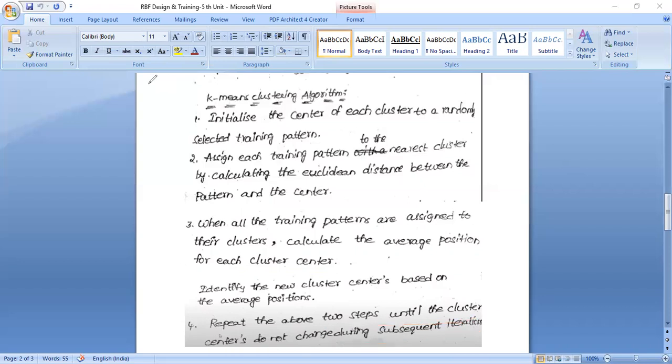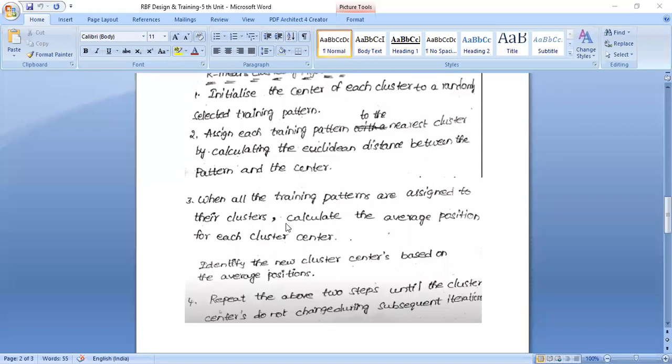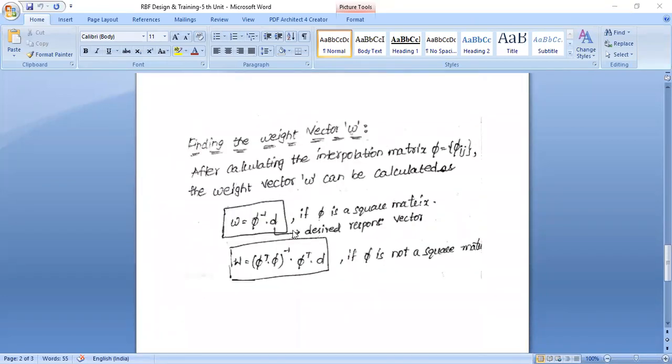The second step of training is finding the weight vector W. After calculating the interpolation matrix, the interpolation matrix is represented by phi equal to phi ij.